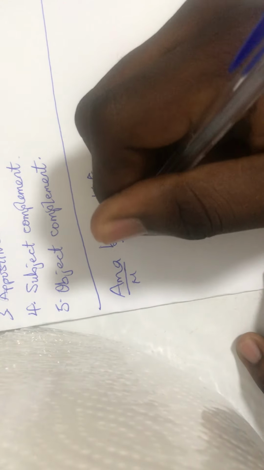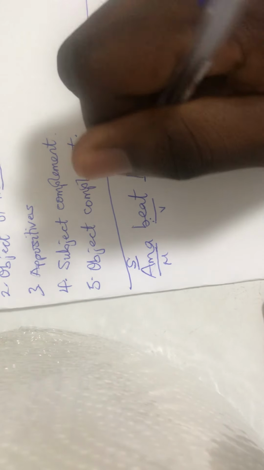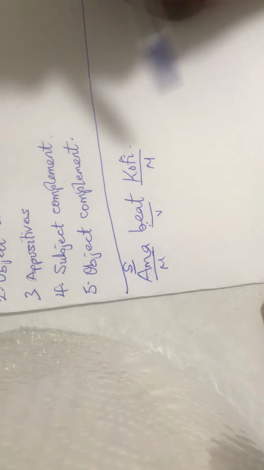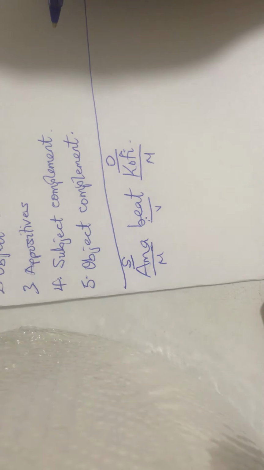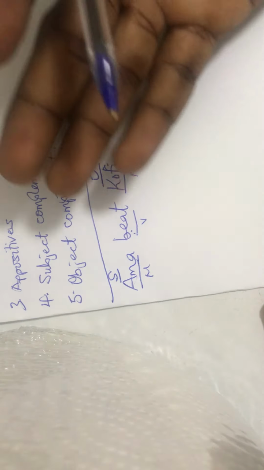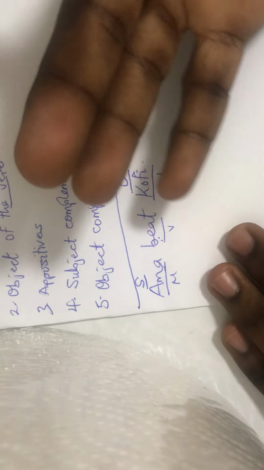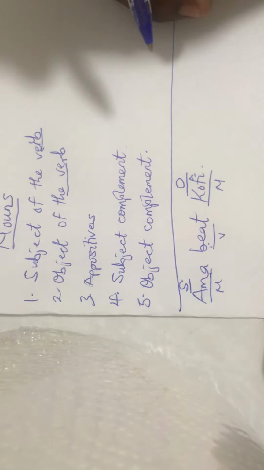Amma beat, so she performed the action, so she's the subject, and then Kofi receives the action, so he's the object in the sentence. All right, so we've dealt with subject and object. The object is the receiver of the action, and the subject performs the action. Okay. And so an appositive.